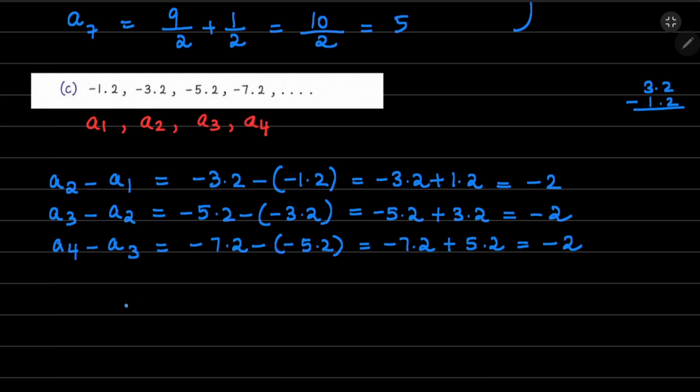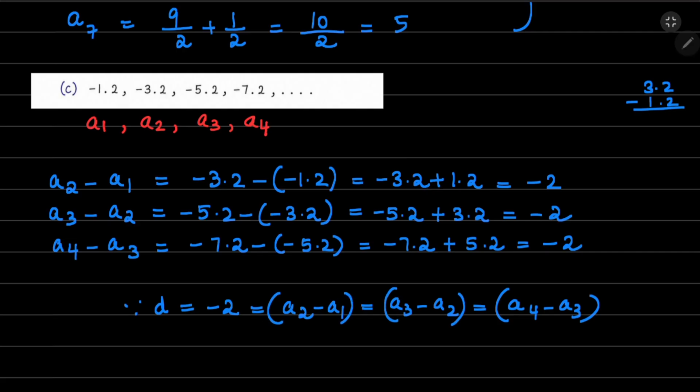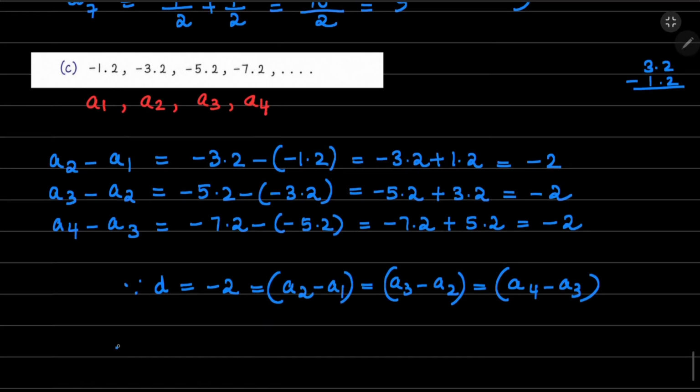Okay, so since D is equal to minus 2 for all, that is A2 minus A1 is equal to A3 minus A2 is equal to A4 minus A3, right? The common difference across all the consecutive terms is the same. Therefore, what can you write?